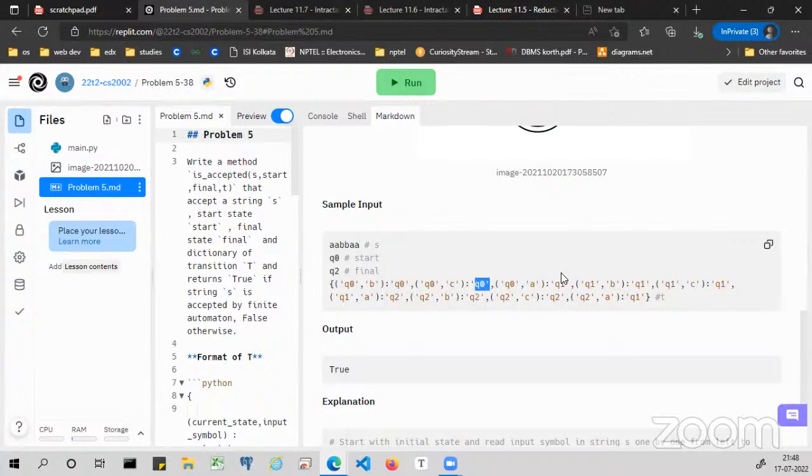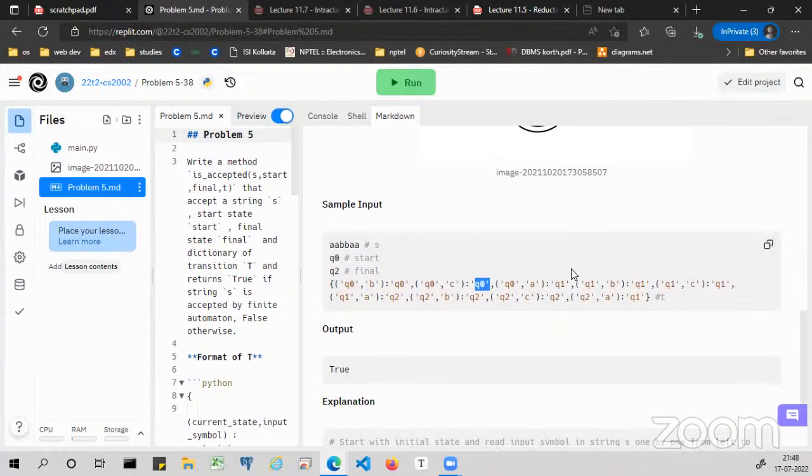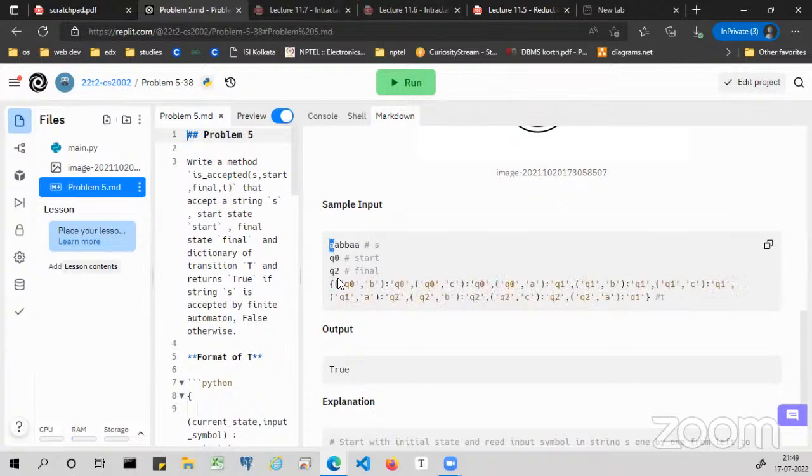So the question is giving you a starting state, the configuration and the destination. All you have to do is start from the starting state, go through the transitions by accepting the characters one by one from the string.